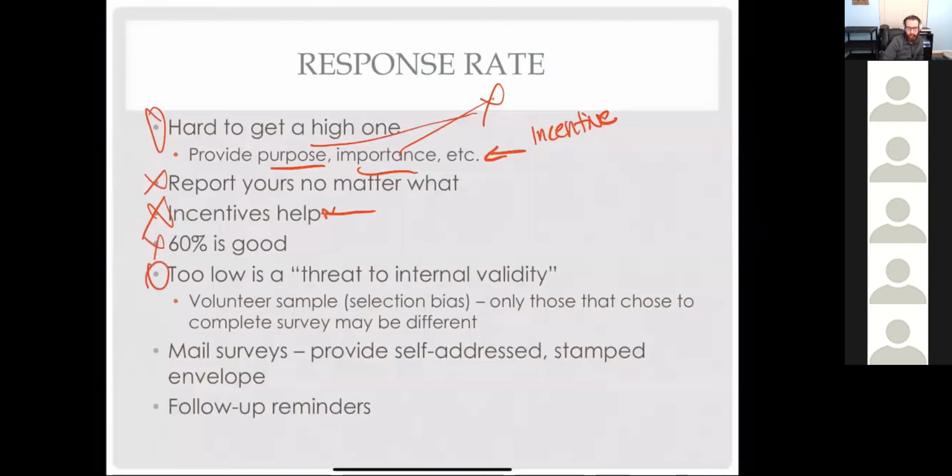Why do we care, right? The reason really, if anything, we care about is, we've talked about threats to internal validity. Anytime, let's say you invite 1,000 people to participate in a survey, and you only get a 10% response rate, you get 100 people out of 1,000.